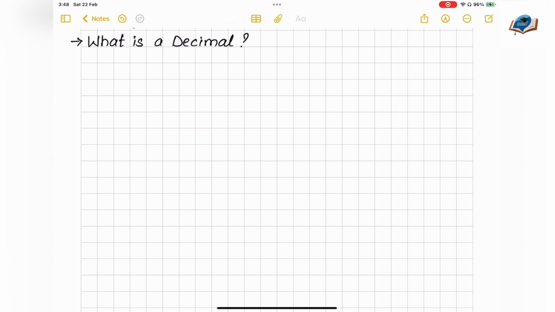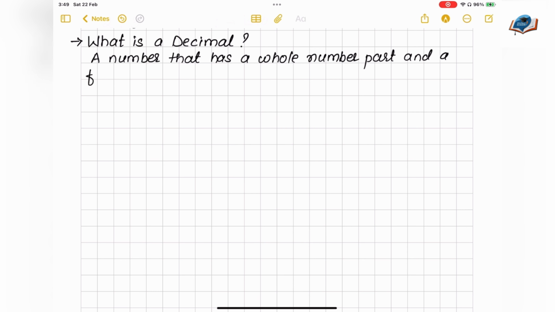So I can say a decimal is a number that has a whole number part and a fractional part, separated by a decimal point.